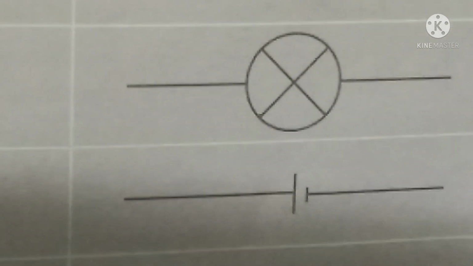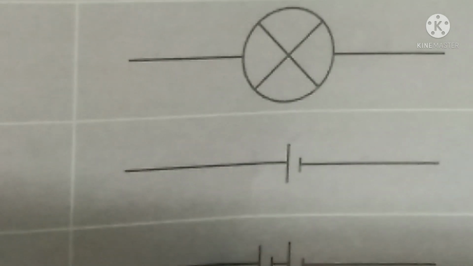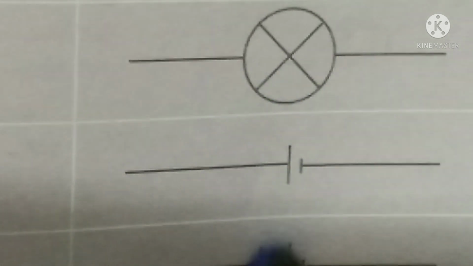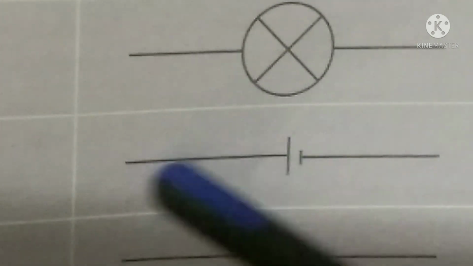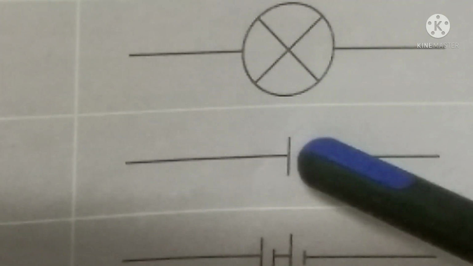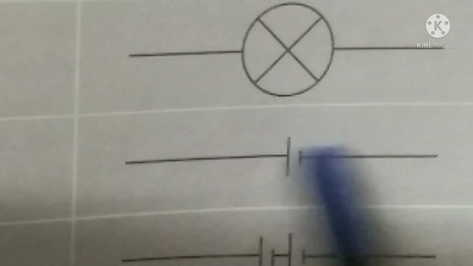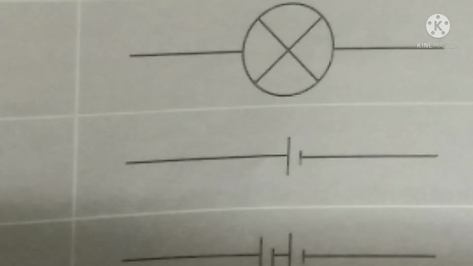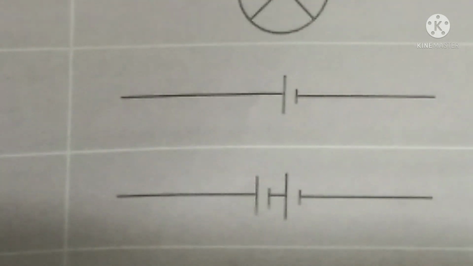Now another symbol, this symbol is used for a cell. Here you can see there is a longer line and a shorter line. The longer line shows the positive terminal and the shorter line shows the negative terminal, and these two are the wires connecting them.